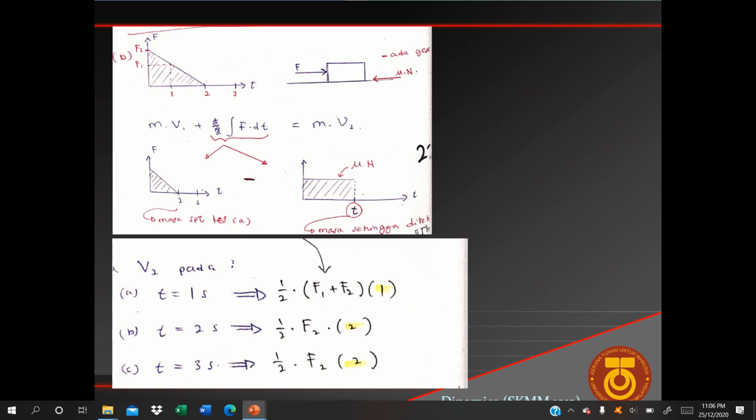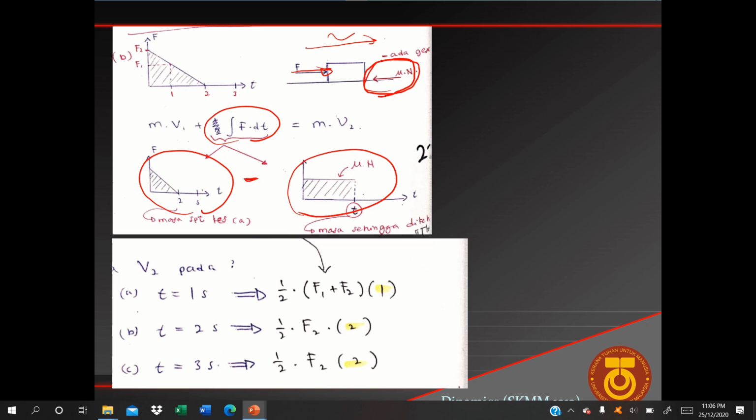But if we have friction here, there will be a friction force that opposes the direction of the motion. The force pushes the component in this direction, but there will be friction opposing the component. So in the equation, instead of just the area under the graph for F, we have to subtract the friction.